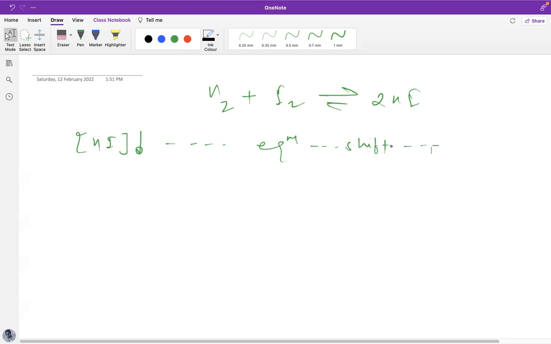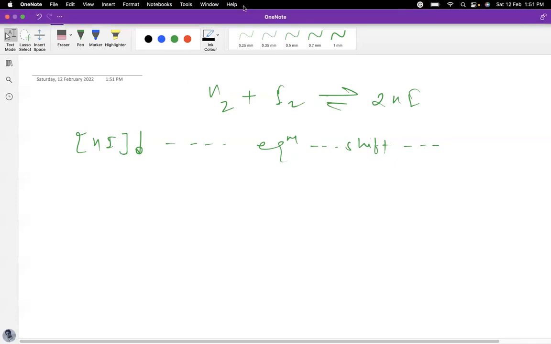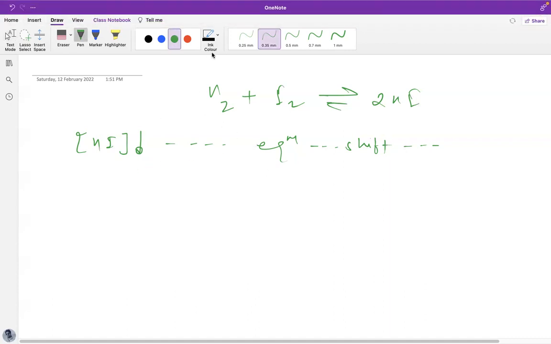Tell me. Listen, HI is your product. So if you decrease the concentration of product, it means product has lower moles. So equilibrium shifts towards the forward direction. So it will be forward.